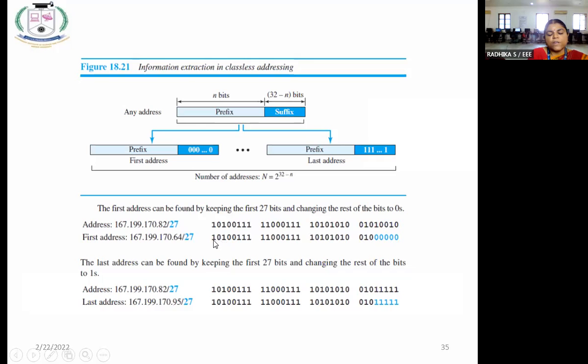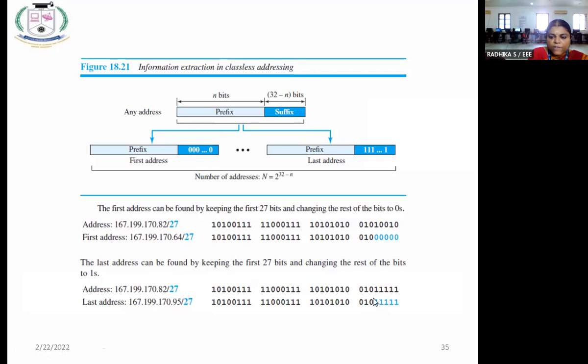It ranges with the same binary equivalent of 167, 199, 170, and then the first address has all 5 zeros up to all 5 ones. So it ranges from 167.199.170.64/27 to 167.199.170.95/27, which is the last address.